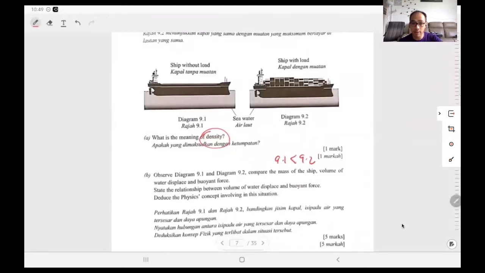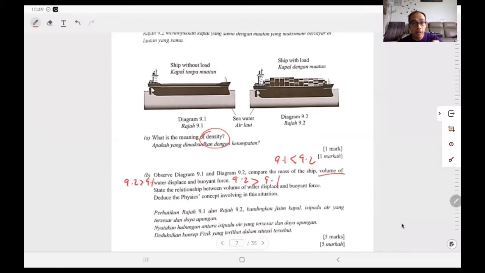For the volume of water displaced, since 9.2 is sinking more, 9.2 will be bigger than 9.1. And therefore the buoyant force of 9.2 will be more than 9.1.